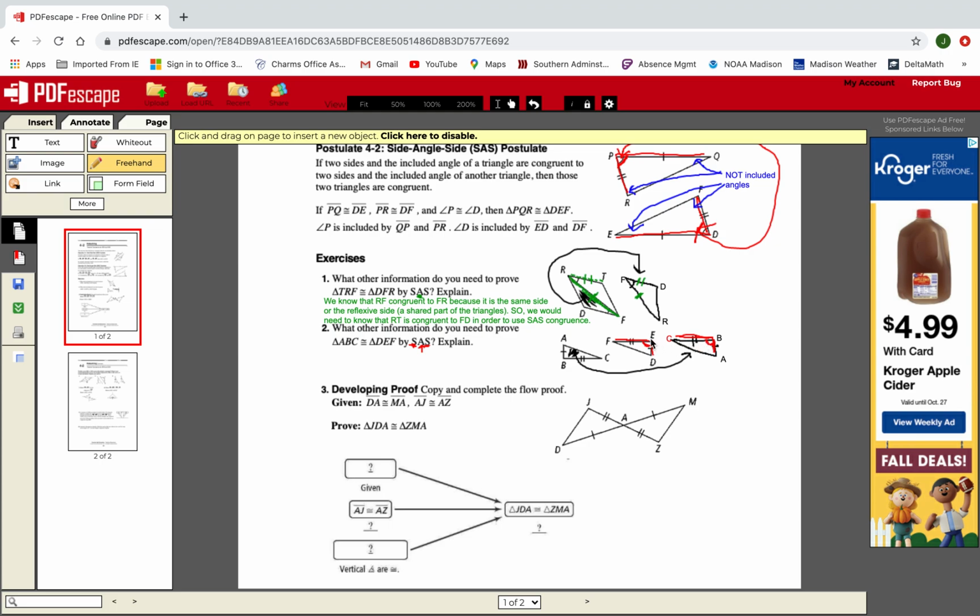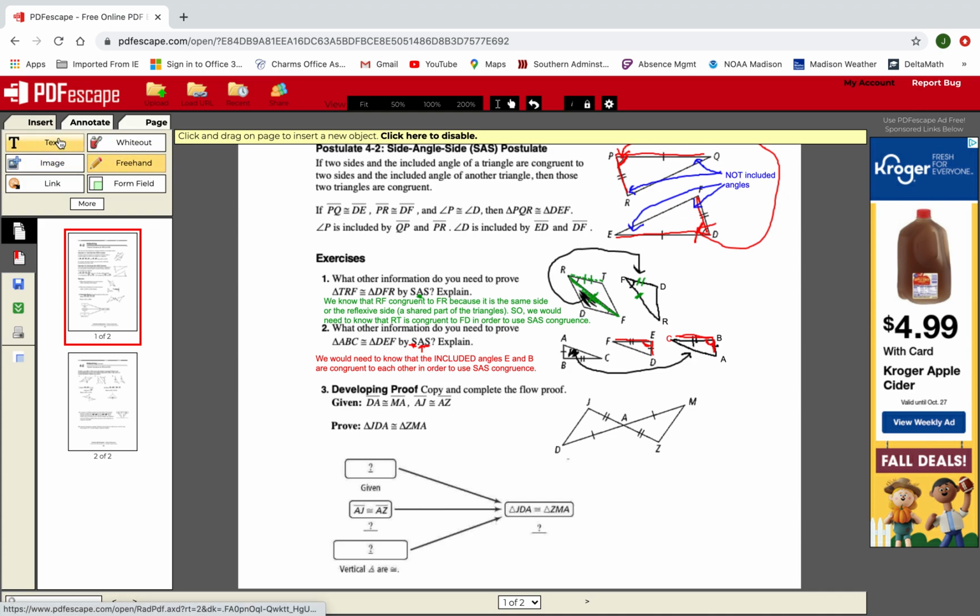They come together to form angles E and B. So what we need to know then is that the included angles E and B are congruent to each other in order to use side angle side congruence. Okay, so there's a little introduction to side angle side congruence. I hope that does help a little.